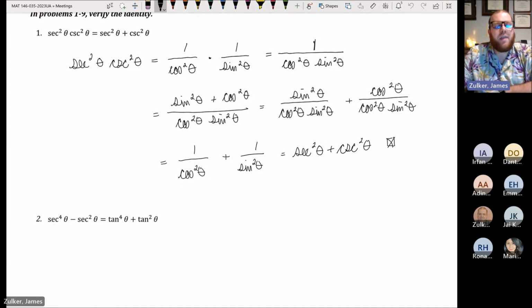Okay. Now I want to verify secant to the fourth minus secant squared is equal to tangent to the fourth plus tangent squared. And again, your first order of business is to pick a side.